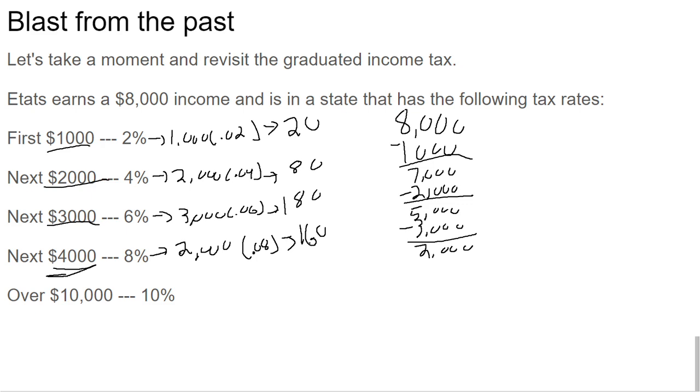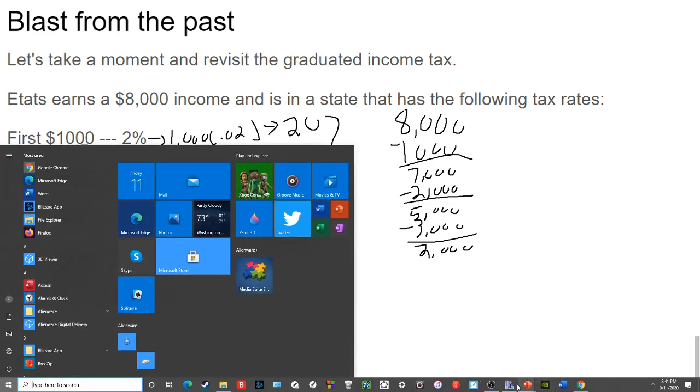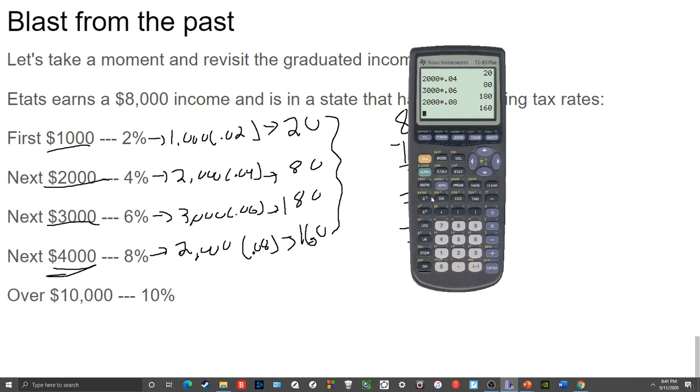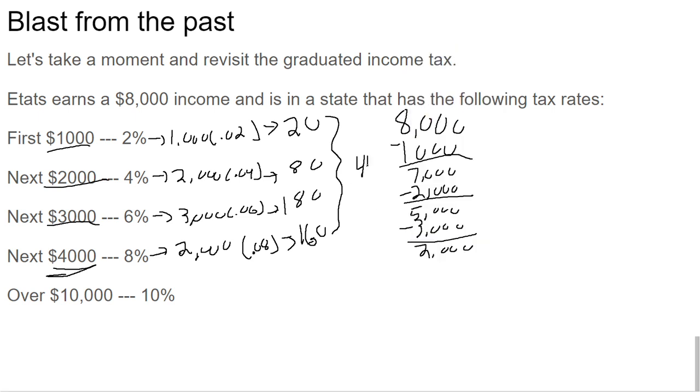So now we're going to add all these together, and we're going to figure out what the total tax is. 20 plus 80 plus 180 plus 160. Whoops, forgot my zero. Caught it this time. And we get 440. So their total tax is going to come to $440 for their state tax.